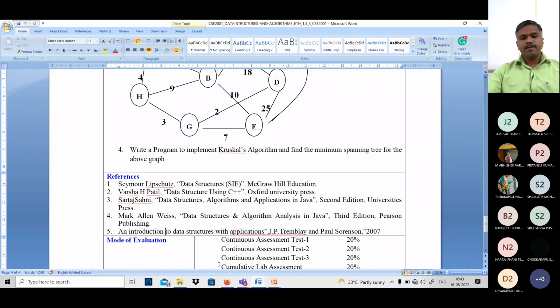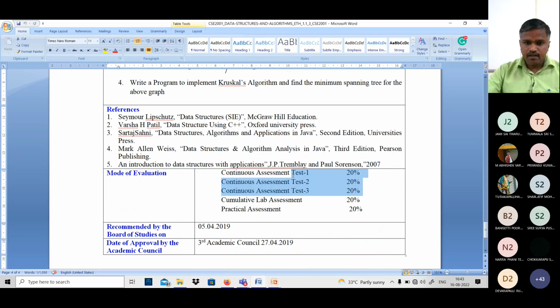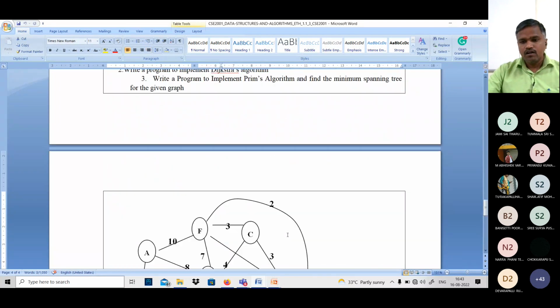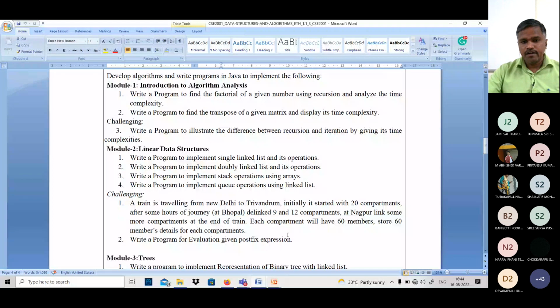And the last one, An Introduction to Data Structures with Applications, written by J.P. Tremblay and Paul Sorenson, published in 2007. You are having three tests, and weightage is given, then lab assessment and practical assessment. So this is about your course.